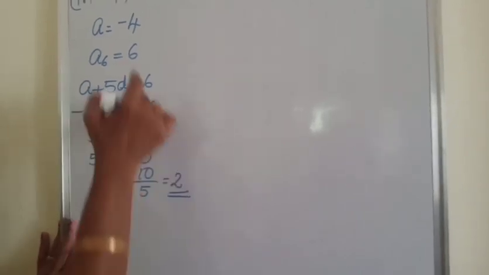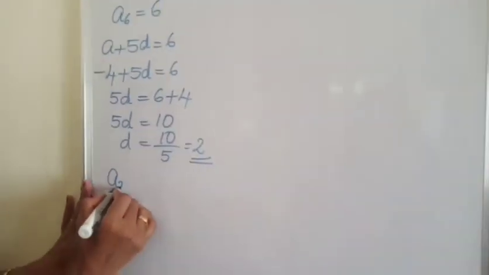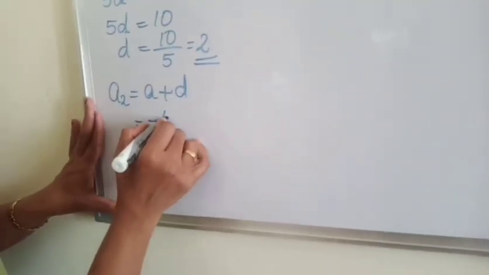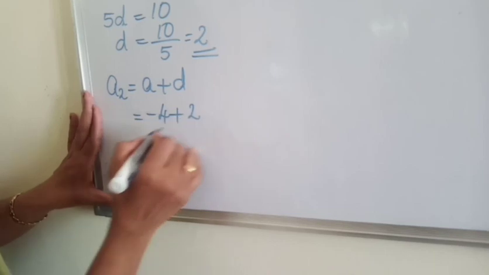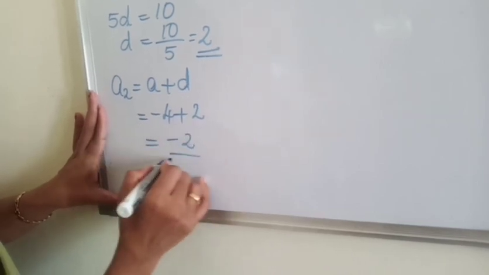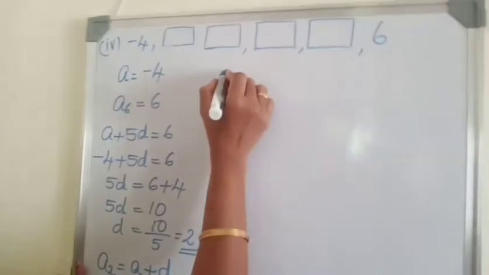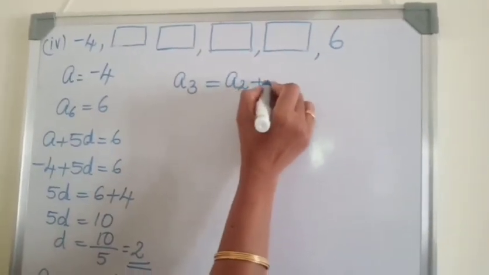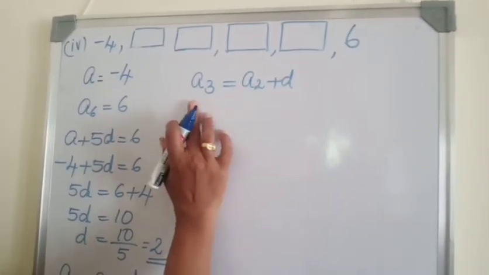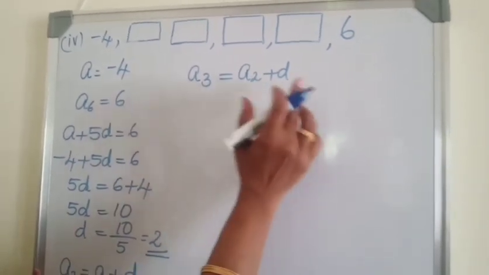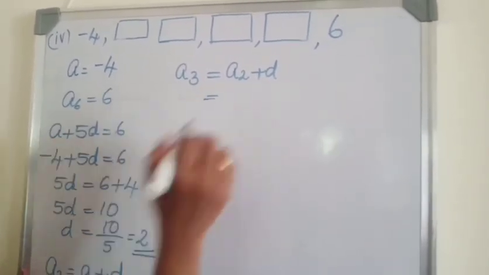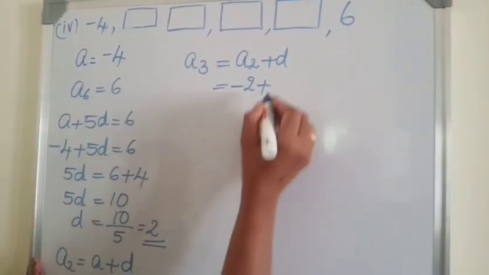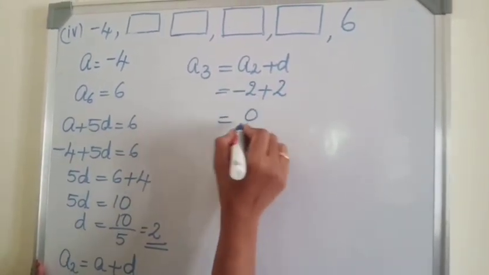D is 2. Now A2. A2 equals A plus D. A is minus 4 plus D is 2, minus 2. A2 is minus 2. To find A3, you all know that second term plus common difference we can add. Or we can use the formula A3 equals A plus 2D. This is easy. As you know, A2 is minus 2 plus D 2 becomes 0.